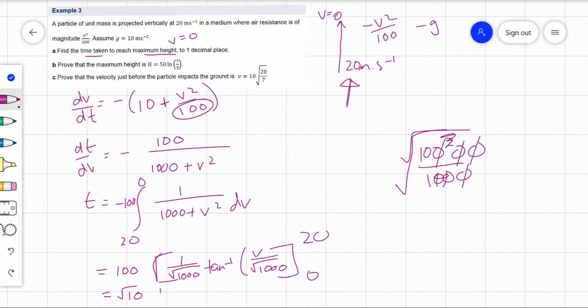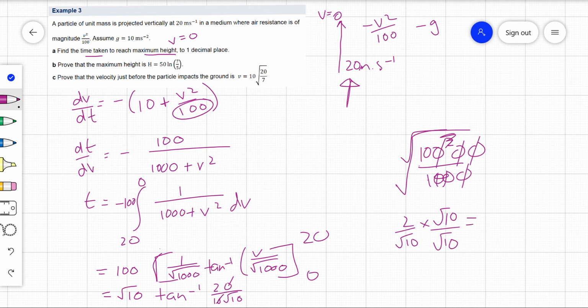So square root 10 inverse tan of, when I put 0 in I get zeros, when I put 20 in I get 20 on square root of 1000, so this is 100 times 10, so it's 10 root 10. That means it's 2 on root 10, times root 10 on root 10.